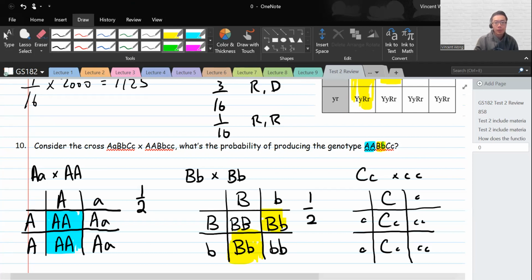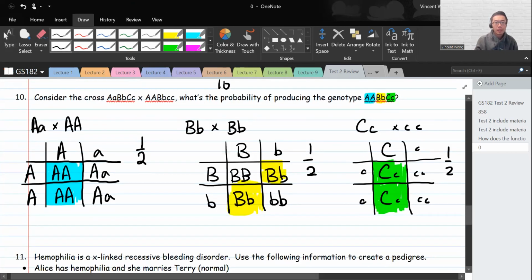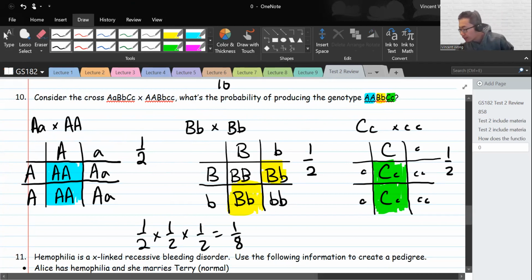And we're looking for big C, small c, which once again is going to be 1/2. Okay, so the probability of getting all three of these together is going to be half times half times half, which is 1/8. Okay.